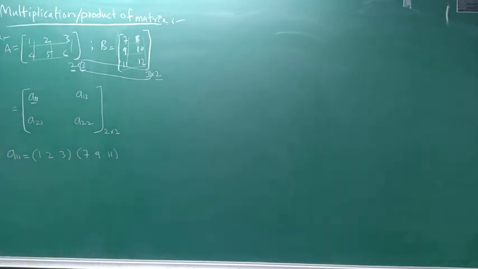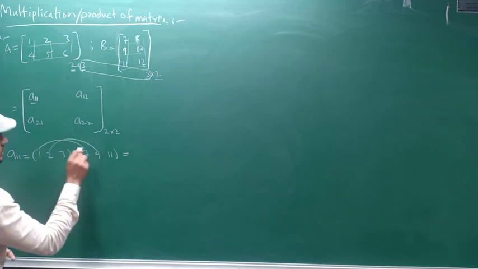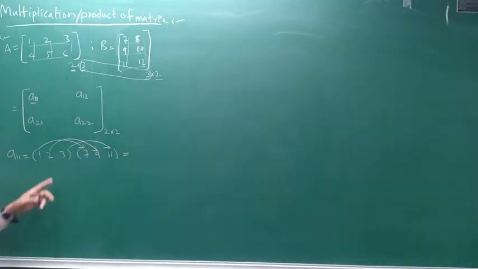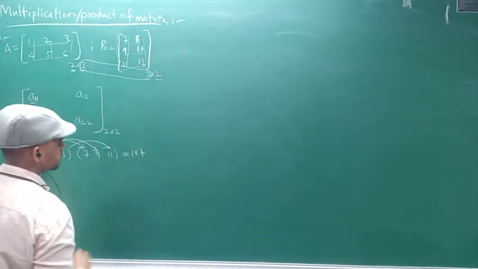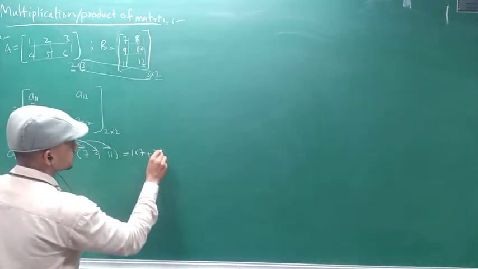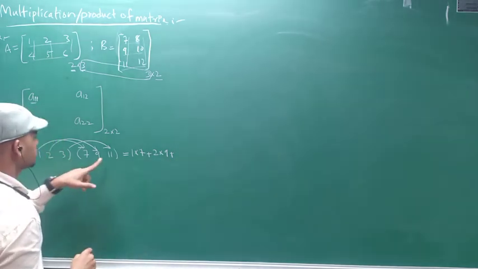I need to multiply the corresponding elements, and after multiplying we need to add them. So first I will multiply 1 with 7, plus 2 with 9, plus 3 with 11.